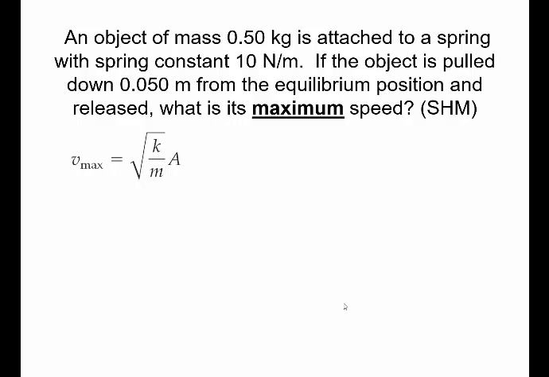Here's another case like chapter 2 where we have to be careful about the words in our story problem. We have a mass attached to a spring. The mass is 0.50 kilograms and the spring constant is 10 newtons per meter.